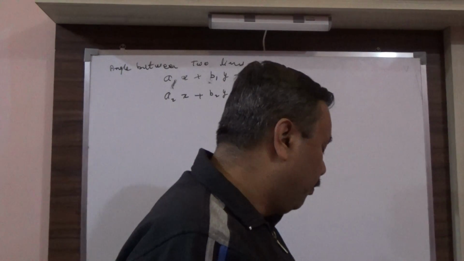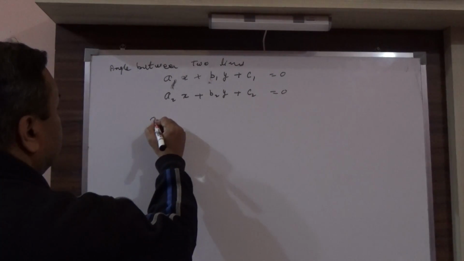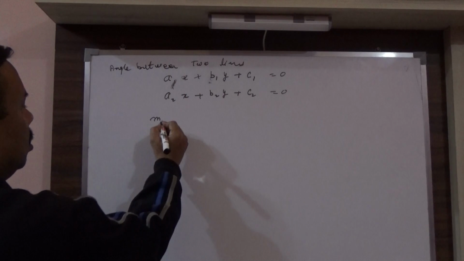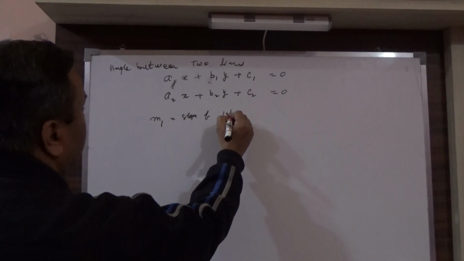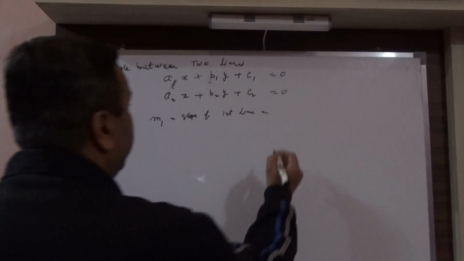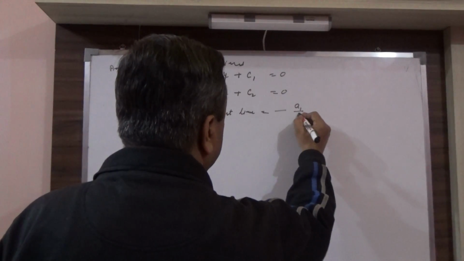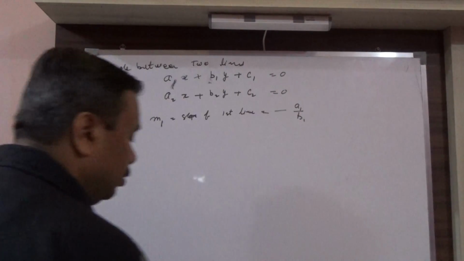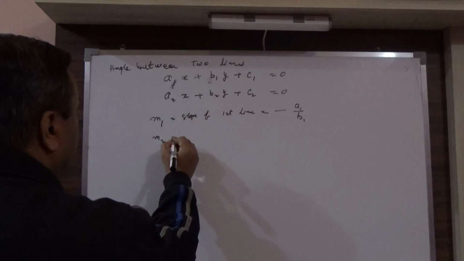Now, from the first, what is m1? Let m1 be the slope of the first line. That will be minus a1 over b1. Similarly, what will be m2?